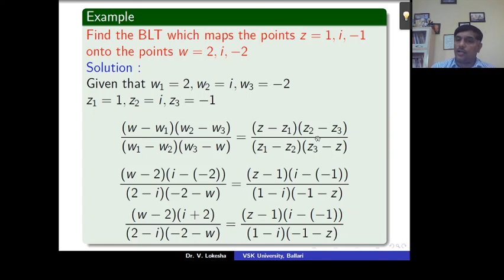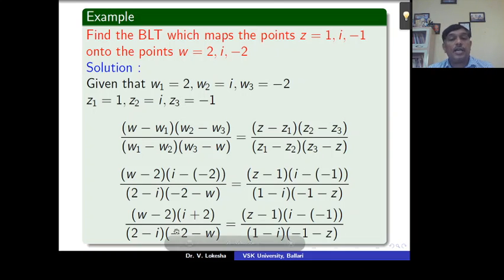Then we can recall the cross ratio formula for a bilinear transformation, substitute the values of w1, w2 and w3, and similarly z1, z2 and z3, and then you get this.